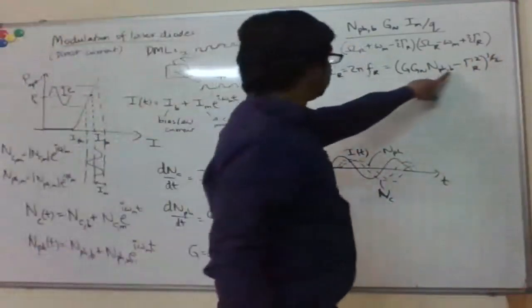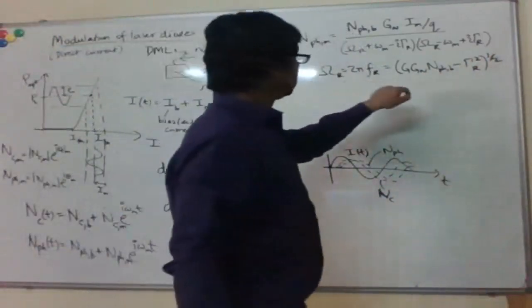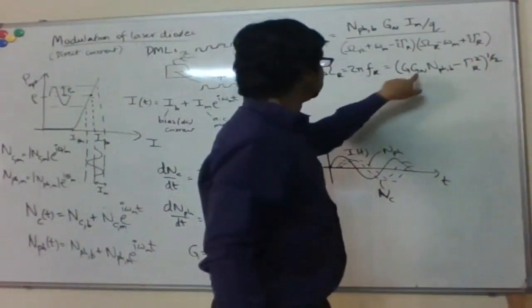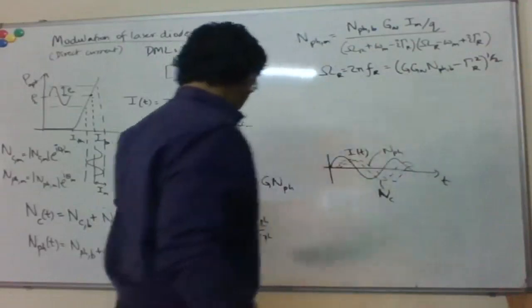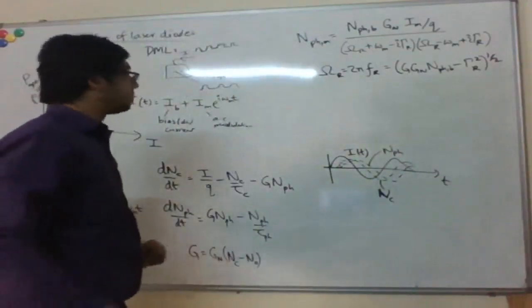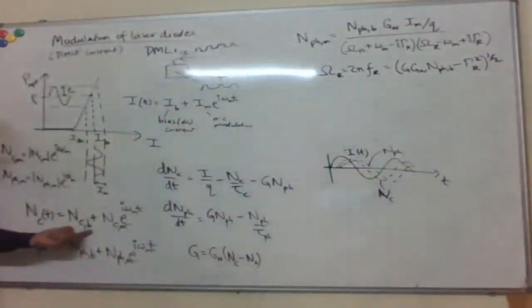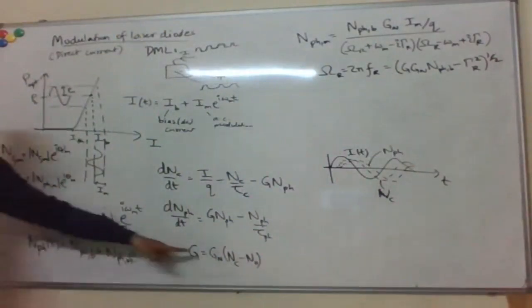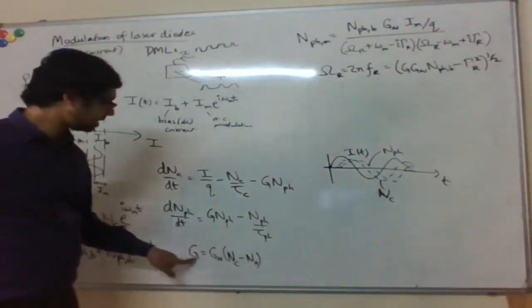It depends again on the DC photon number, which depends on the DC current. These are constants here. Gn is a constant, the material constant we discussed last time, and this capital G depends on the DC carrier concentration. So when we put that DC carrier concentration here, we get G.